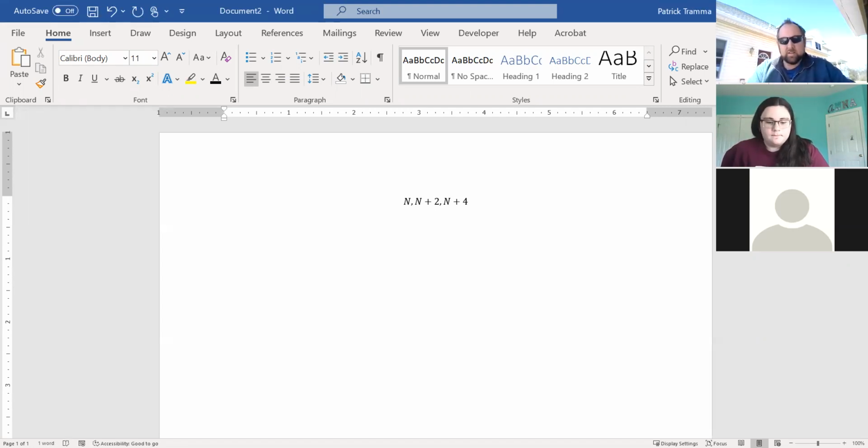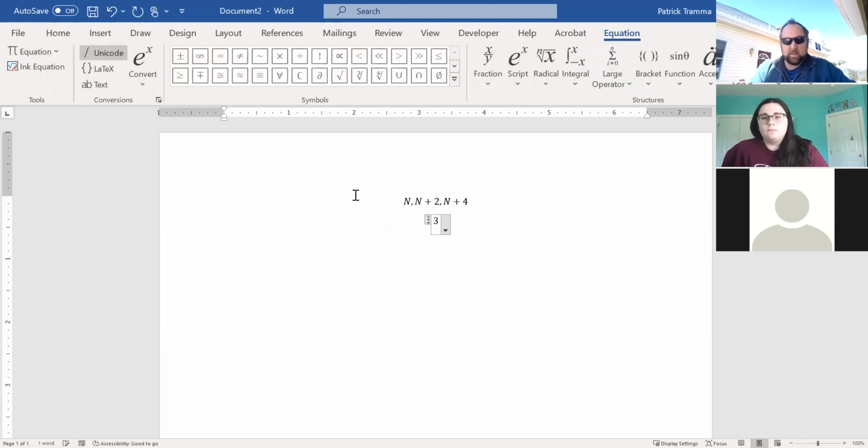So product of their sum. So their sum and 3 is multiplication. So 3 times, and then their sum would be n plus 2 plus n plus 4 is 20 greater than 8 times the third integer.